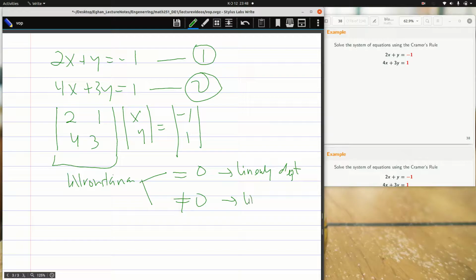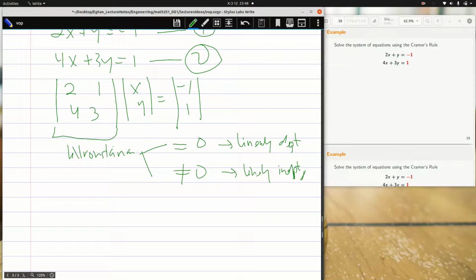We expect them to be independent to have a solution. Okay. So if I want the x part, I have to replace the first column of the coefficients by the b. So I have negative 1, 1, then the other ones remain, over the Wronskian.